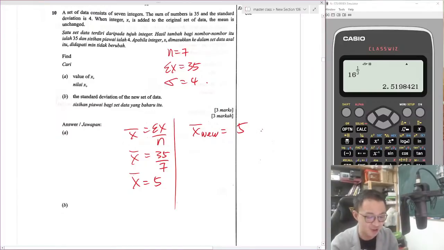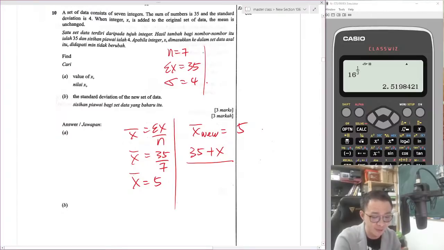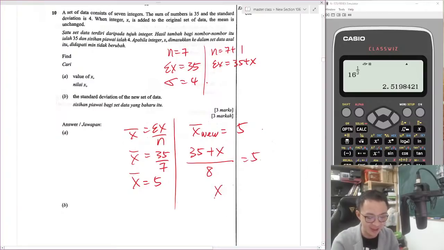But my sum of x is 35 plus a new number x, and my new n will be 7 plus 1 as well. So my sum of x will be 35 plus x, because I add a new number x into it. So therefore, (35 plus x) over 8 equals 5. By solving this, x equals 40 minus 35, which is 5. So I got my x equals 5.